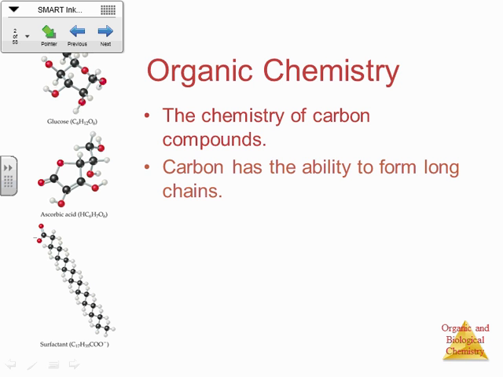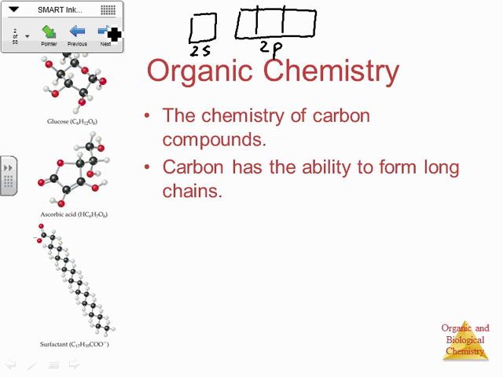Okay, carbon has the ability to form very long chains because it has this sp3 hybridization ability that we talked about earlier. If you talk about the orbital diagram for carbon, you've got the 2s orbital, and then you've got the 2 p's.